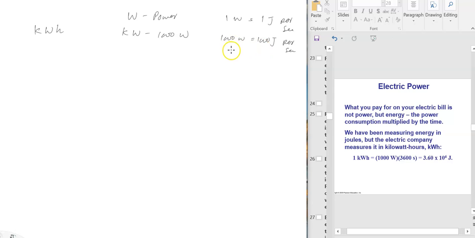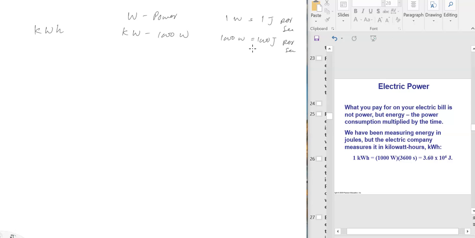That is 1 kilowatt. 1 kilowatt is 1000 joules per second. And let's say, for an example, in your home there is one appliance working at the moment. It is a 1000 watt device, probably like a microwave oven. If you run it for 1 full hour, the amount of energy it's going to consume is going to be 1 kilowatt hour.